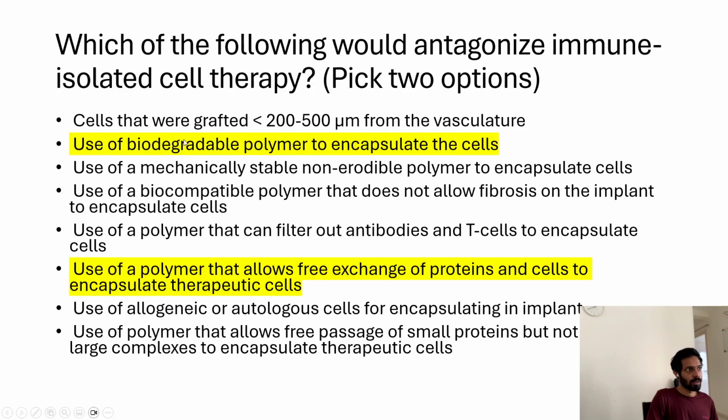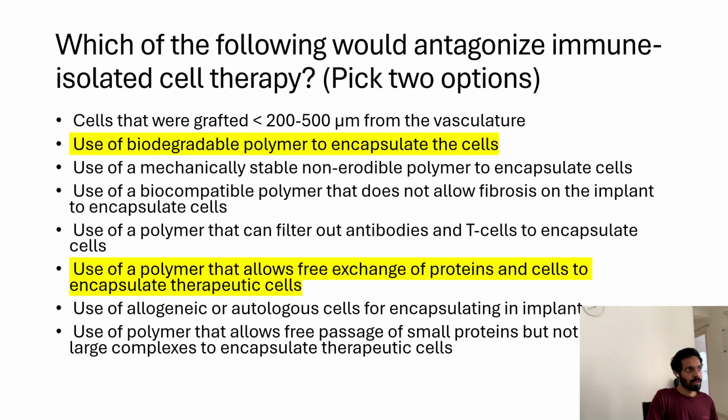Why? Over time, whatever is preventing immune cells from reaching these therapeutic cells is degrading, slowly dissolving away. So at one point, your immune cells will be able to reach these cells, and you don't want that to happen. And the other option is that you cannot allow proteins and cells to reach the therapeutic cells.